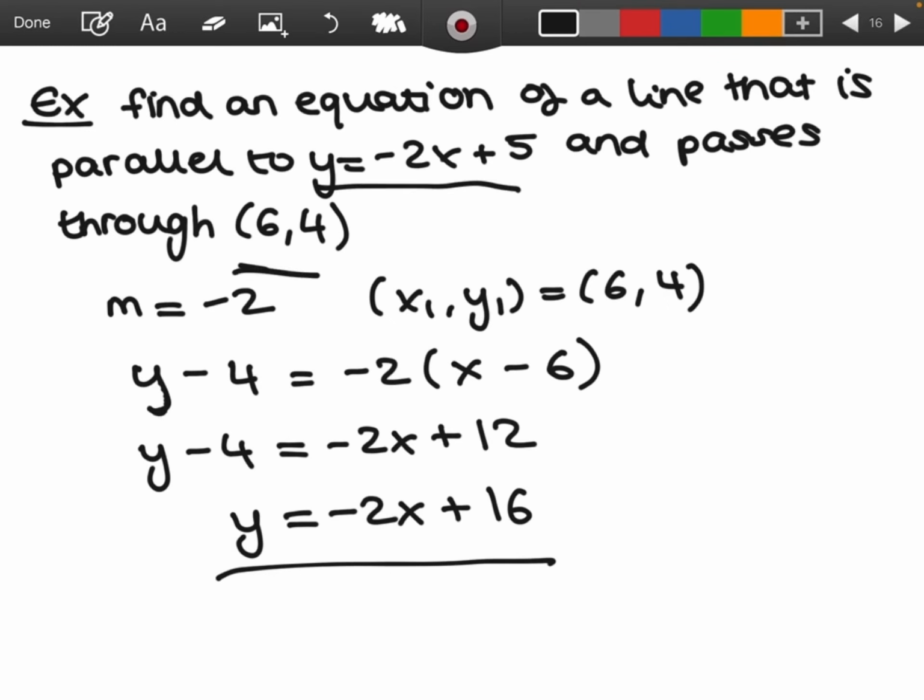So this line is parallel to my original line and it passes through this point. Again, any line that has slope of negative 2 would be parallel to your original line, but this particular line passes through (6, 4) as well as having slope of negative 2.